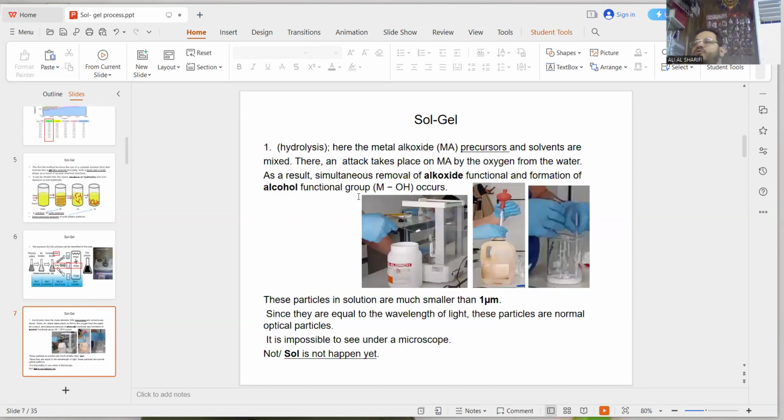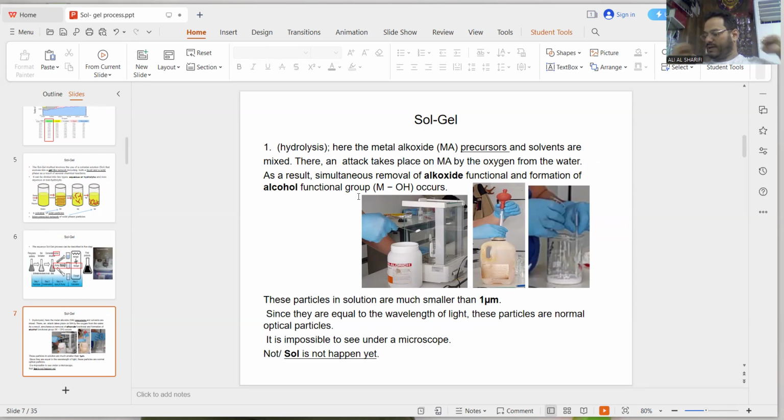Now let's talk about each step deeply. Hydrolysis. Here the metal alkoxide, or we can say metal oxide. That means the precursors, like I said before, manganese nitrate tetrahydrate and another, and solvents, water and hydrochloric acid. You can use another if you want.